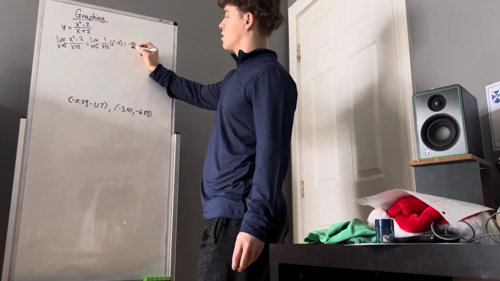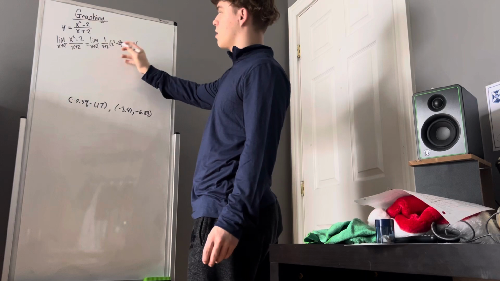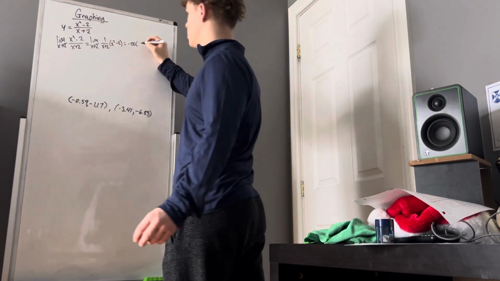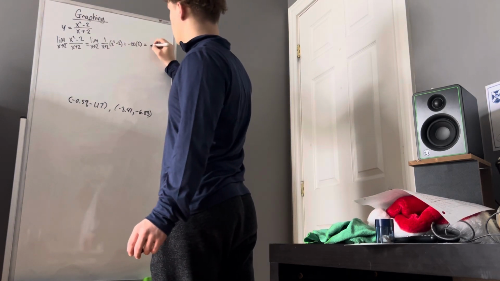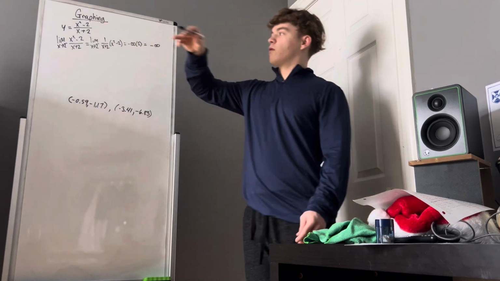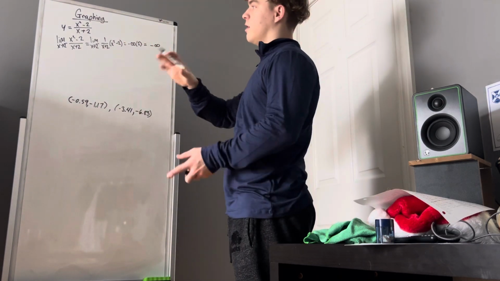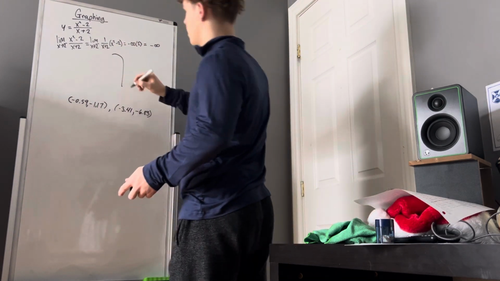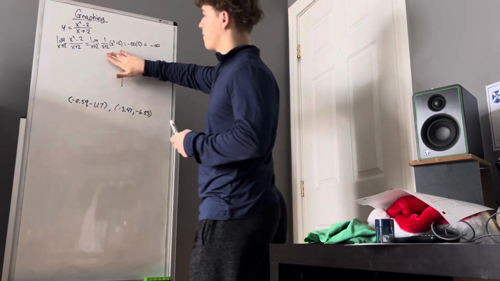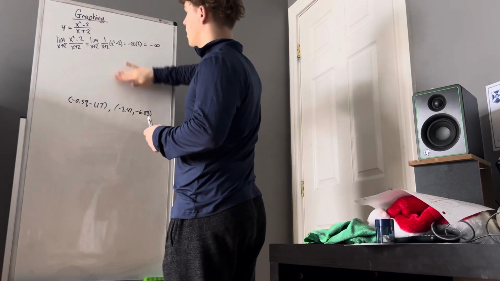And this one is just going to give us 2, because 2 squared minus 2, 4 minus 2 is 2. 2 times negative infinity is negative infinity. So from the left side of this graph, it's just going to shoot right down to infinity like that. Okay, let's take the right side.